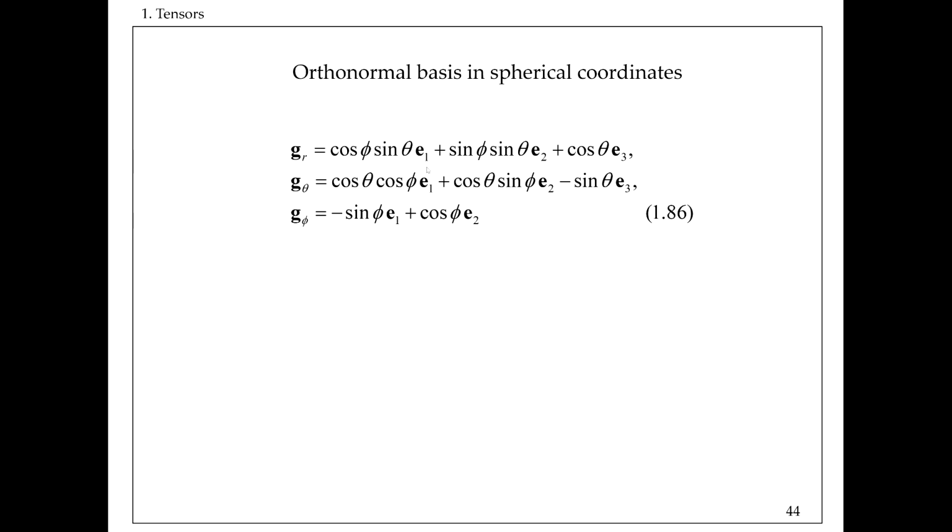As you can see, and we will look into that very soon, these basis vectors in the spherical coordinate system depend on the coordinates. If we take the derivative with respect to phi, we will have dependencies in all the components.